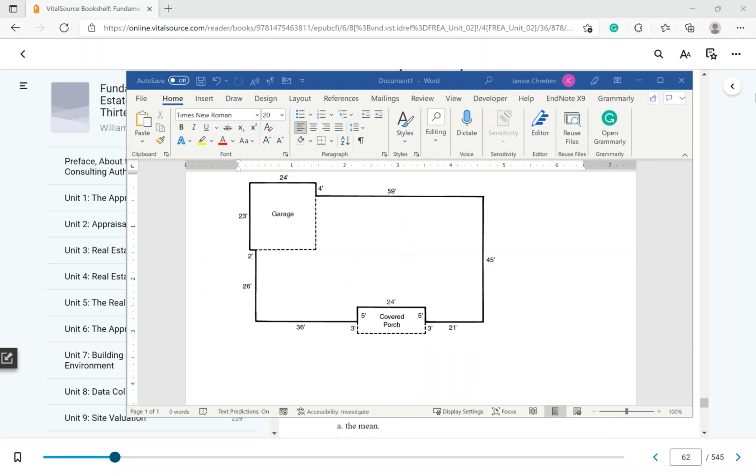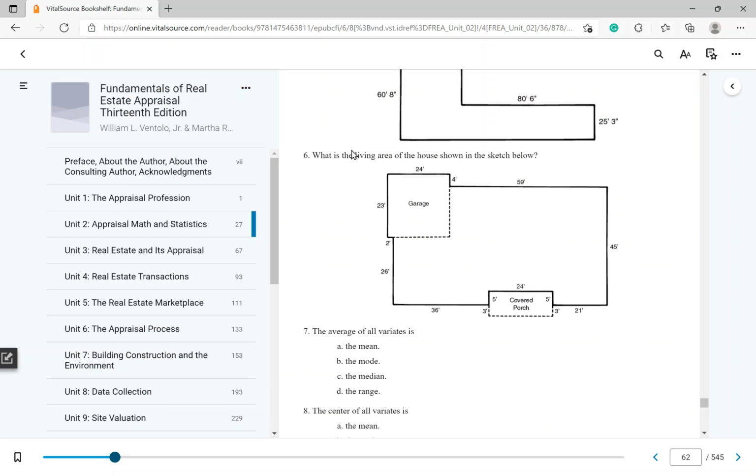Okay, this is question 6. We've got to find the area. And again, this is going to look similar to what we did earlier because we're going to make some squares. And we know that we're looking at living area. What is the living area? So we know we don't include the porch or the garage.